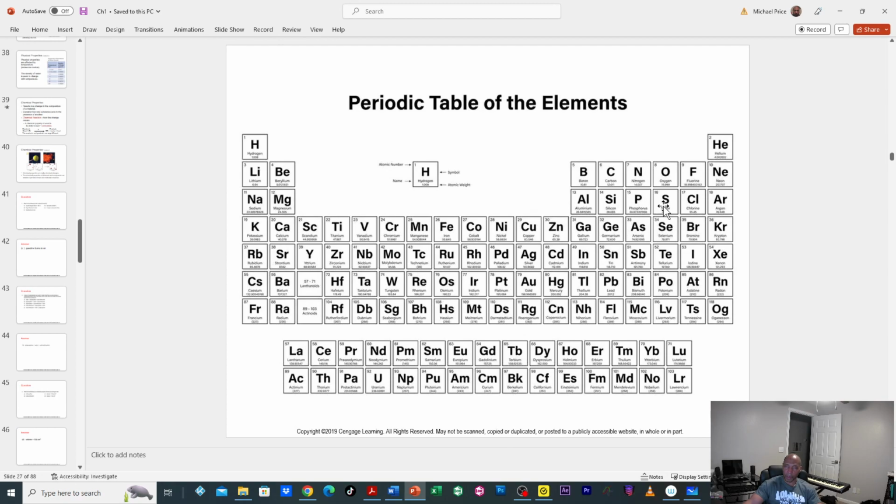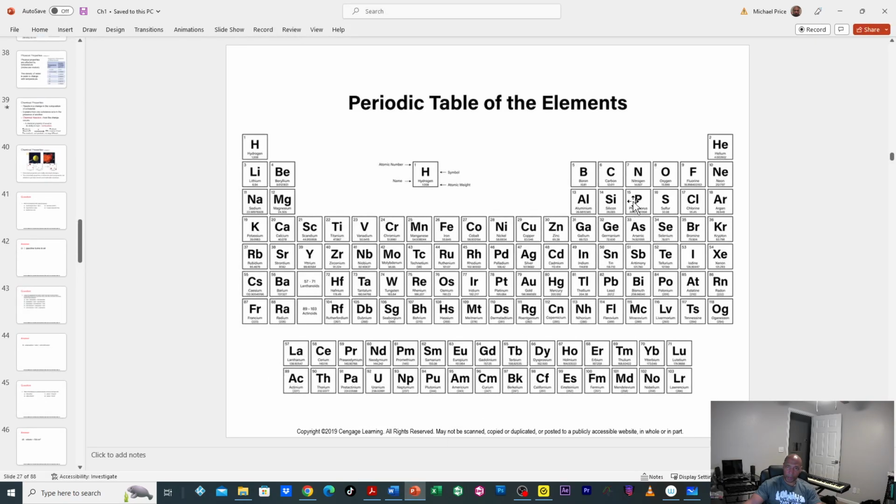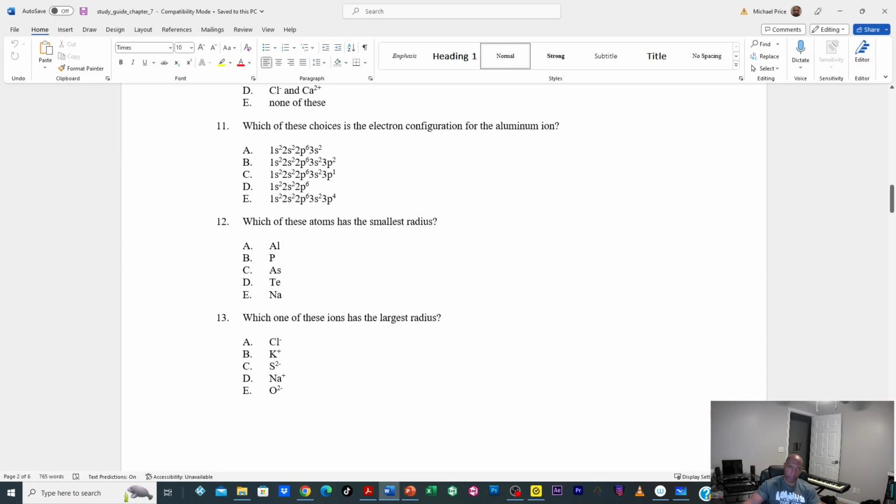Since they're asking for which one's smaller, I'm still going to go with phosphorus. Then phosphorus and tellurium. Now you're saying to yourself, hey, tellurium's over here. Am I comparing apples to oranges? No, because even though tellurium is more to the right, it's much further down than phosphorus, so tellurium is going to be bigger than phosphorus.